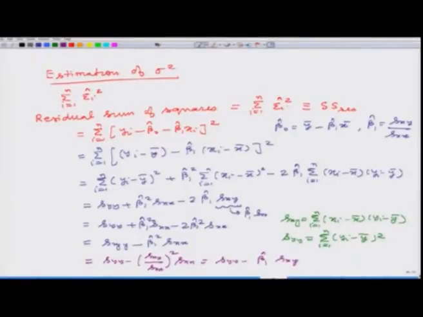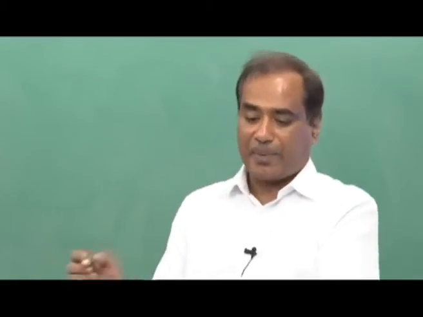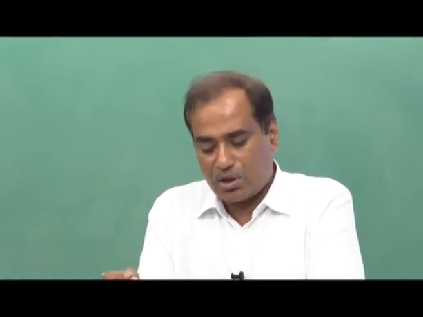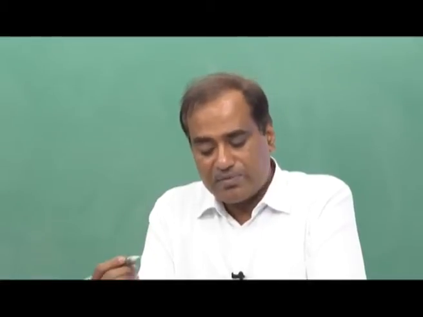Okay. Now, our next question is how to obtain the estimate of sigma square. So, let us try to use sum of square due to residual to find out an estimate of sigma square. But before that we need to find out the distribution of yi.